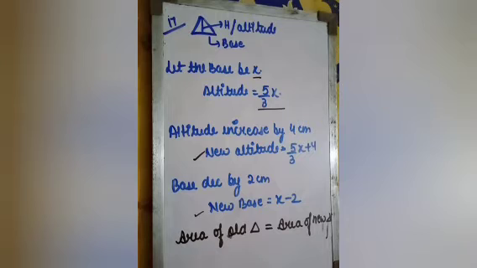Now what is the area? How do we find the area? Area of triangle equals to half into base into height or altitude. It will be half into new base into new altitude. Now see.